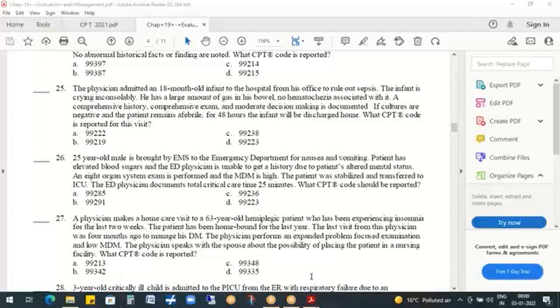Then the treatment ended in physician office or he was transferred to some other location in the hospital? That means is the initial place of service and treatment ended place of service same or different? Same. Okay, that means the treatment ended in physician office itself.